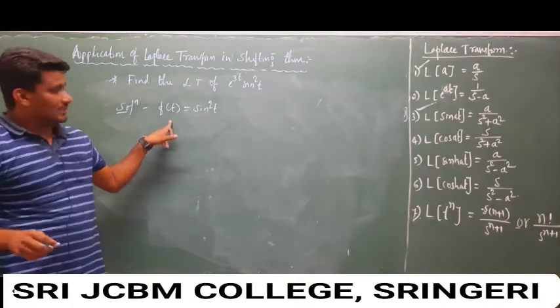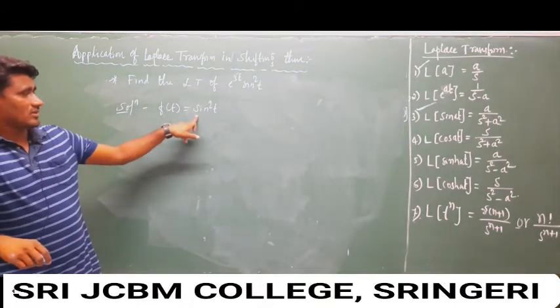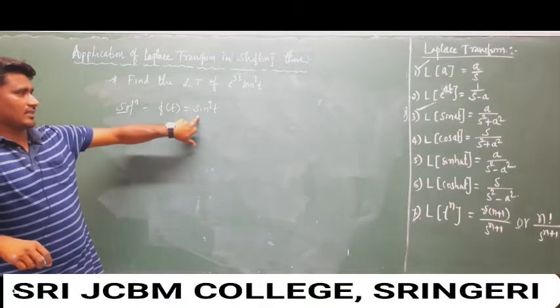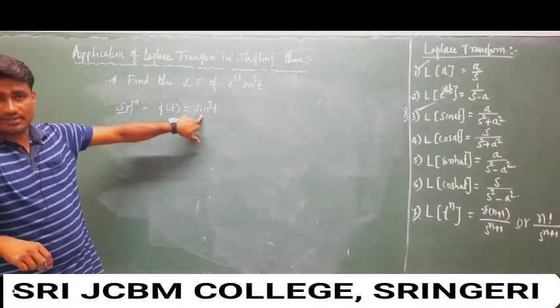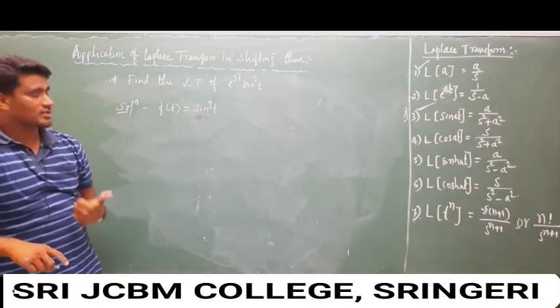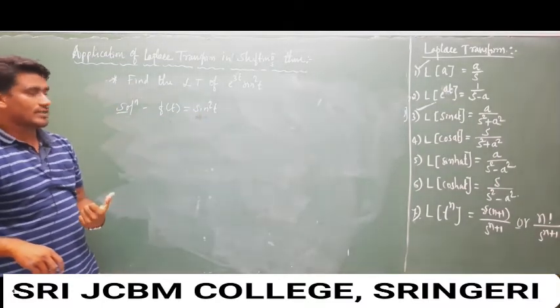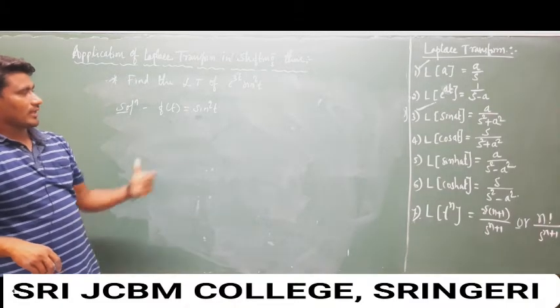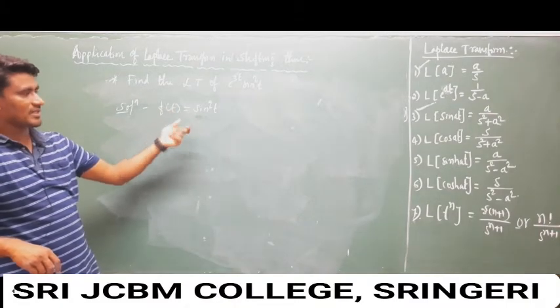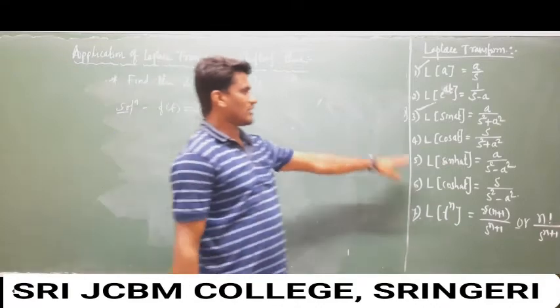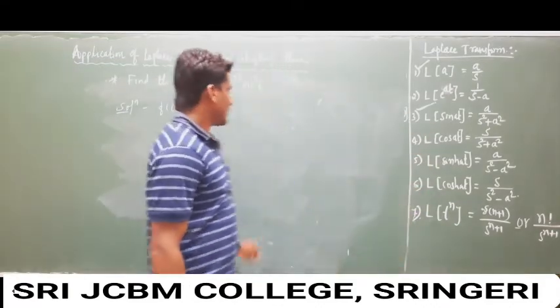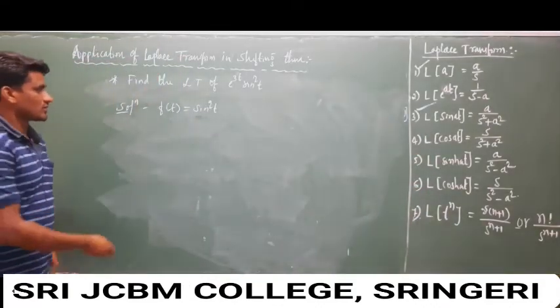If we apply the Laplace transform directly, we cannot get it easily. So we have to simplify sin square t with the help of the trigonometric double angle formula, and after simplification we apply one of the standard transforms, and definitely we get the solution.